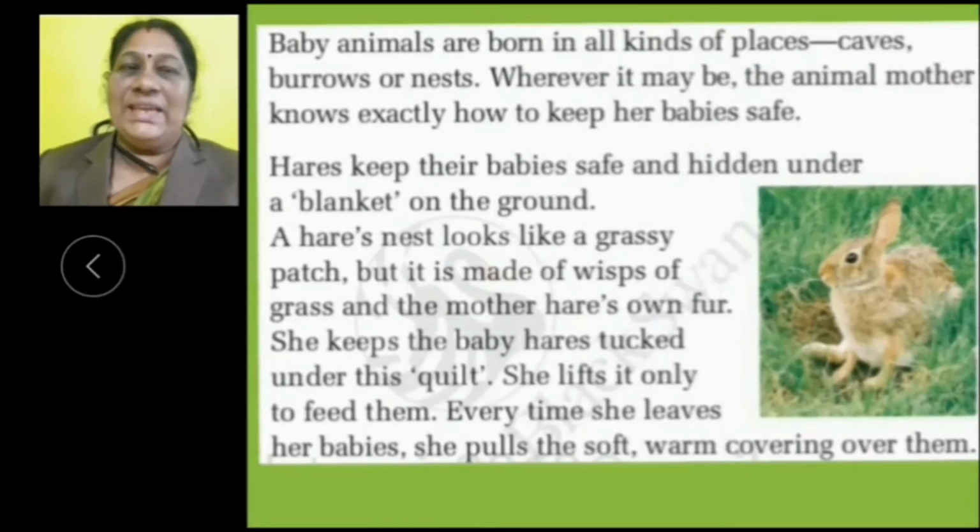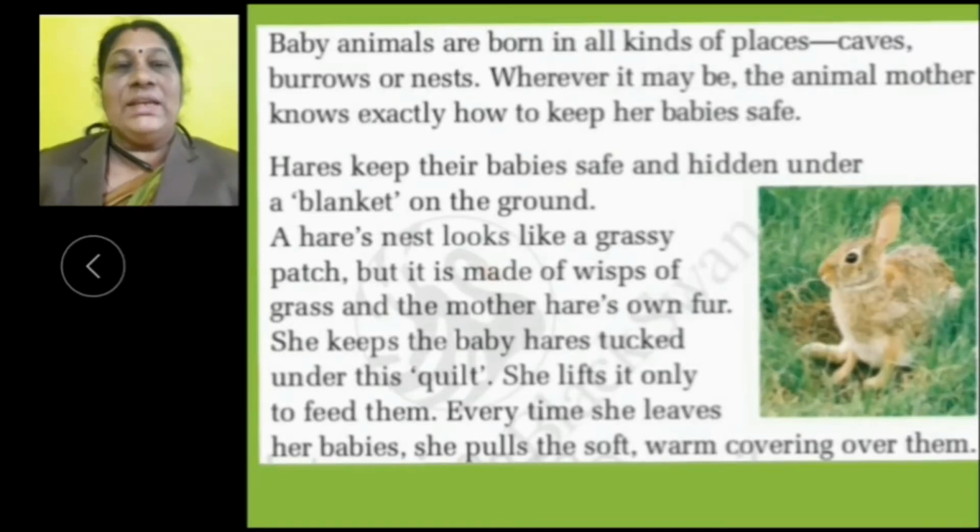Children, this hare's nest looks like a grassy patch. The mother hare removes it only when it is time to feed them. Whenever she wants to go outside, leaving her babies, she pulls this blanket over the babies to cover them again properly so that no enemies could see them.